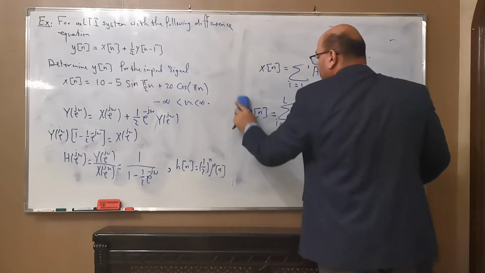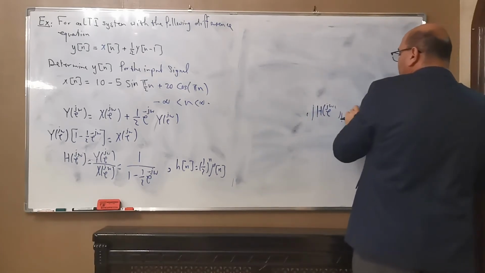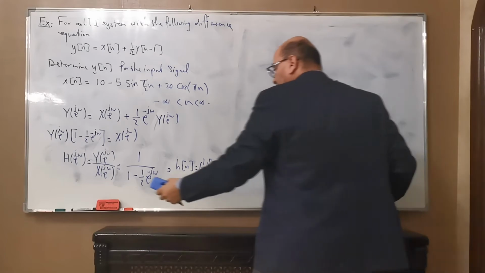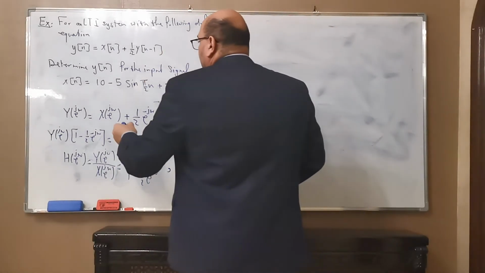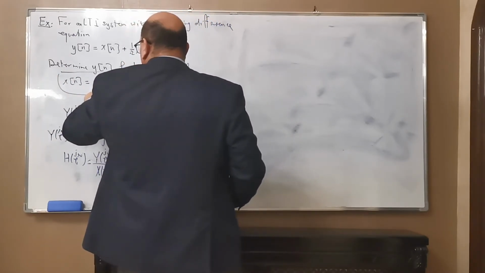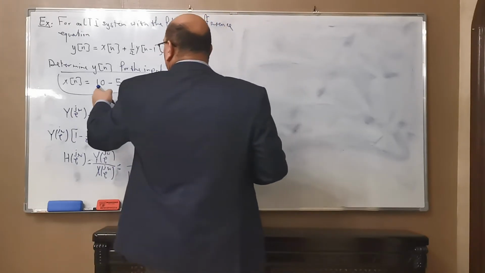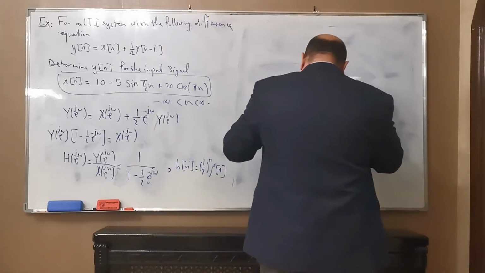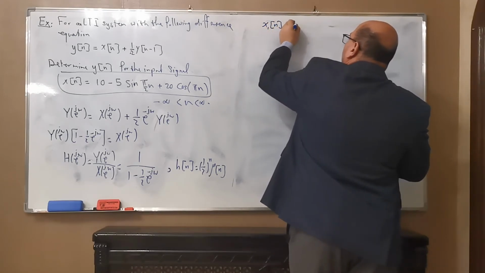So we find the transfer function, the impulse response in the frequency domain, and we will start taking this input here. This input has 3 parts. You have a value of 10. We will call this one x1[n], so x1[n] is equal to 10.